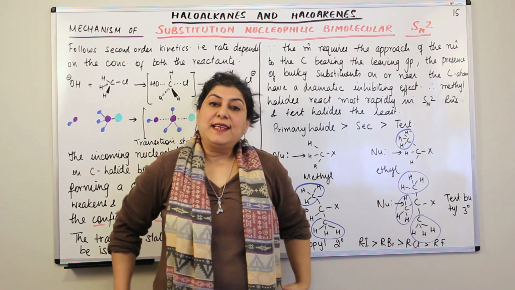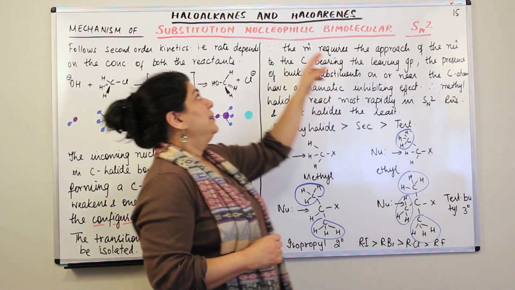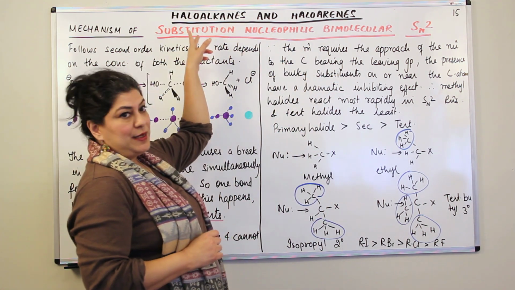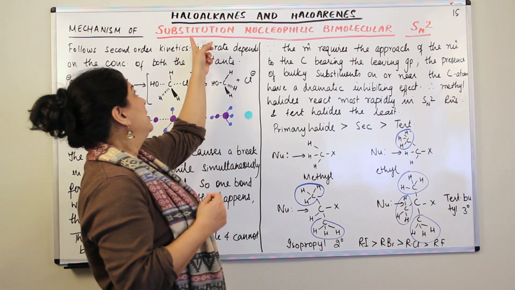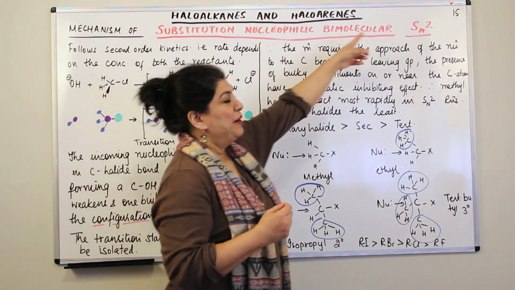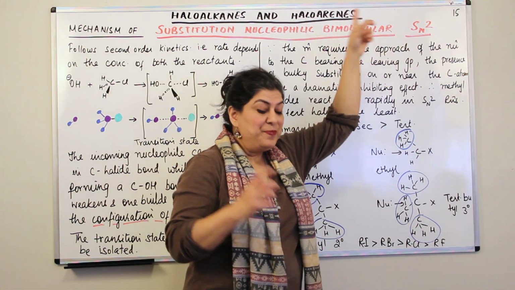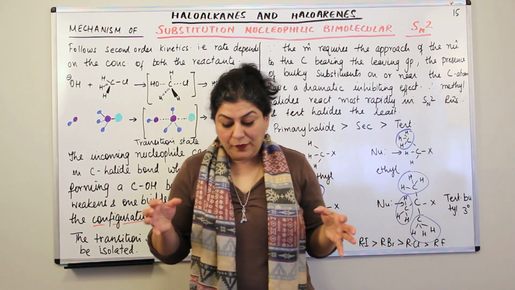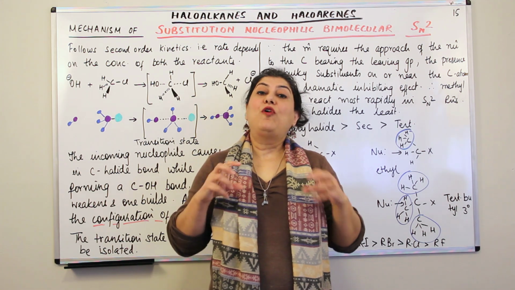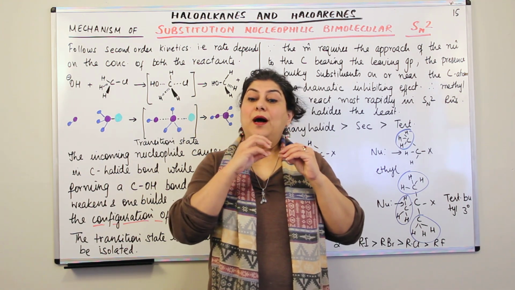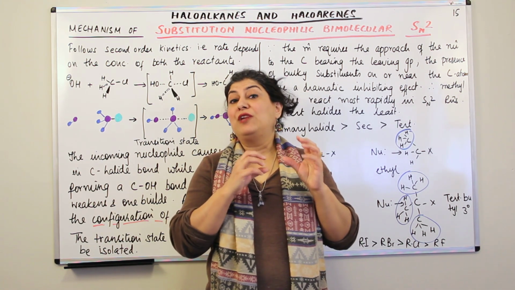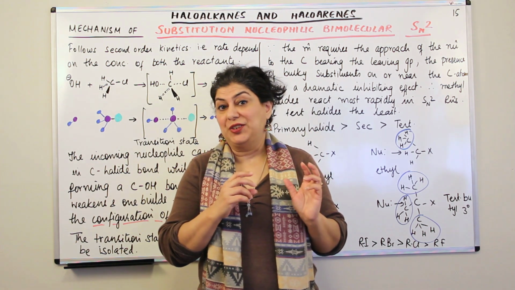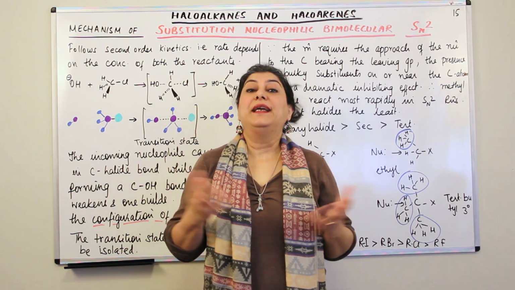So for this SN2 mechanism, or the bimolecular nucleophilic substitution, which is written as substitution nucleophilic bimolecular according to the formula, that is the mechanism that we are going to understand. The SN2 mechanism follows a bimolecular, that is, it follows a second order reaction, or second order kinetics.